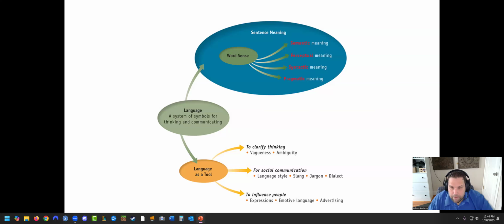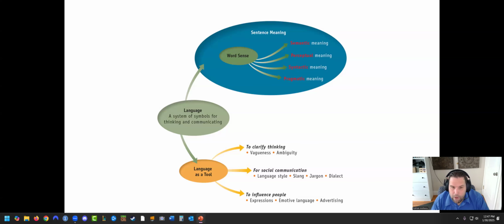And then those sentences, of course, are constructed of words, and those words have a series of different meanings attached to them or ways of interpreting the words within the context of the sentence in order to convey the information. Okay, so we have the semantic meaning, the perceptual meaning, the syntactic meaning, and the pragmatic meaning, which we're going to get into a little bit more detail here.